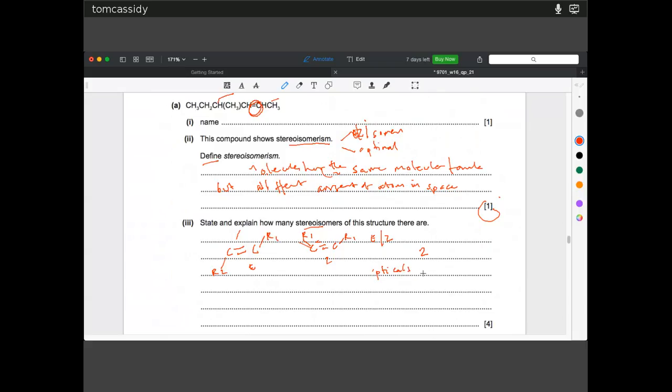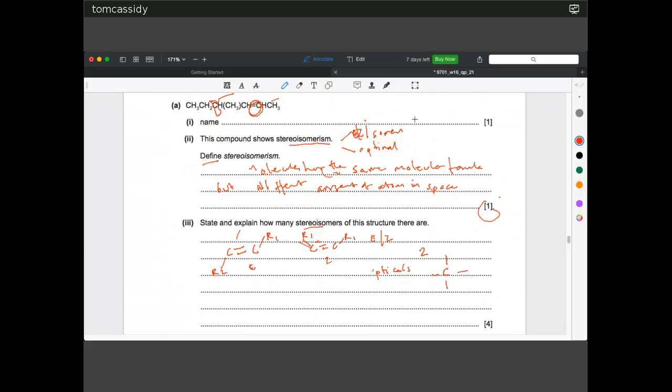And the optical isomers happen when you've got 1 carbon atom and it has 4 different groups or atoms around it. And that gives you an optical isomer. So you need to look at this and see if there's anywhere in that molecule that has a carbon atom with 4 different groups around it. And if you're looking carefully, you've got this one here.